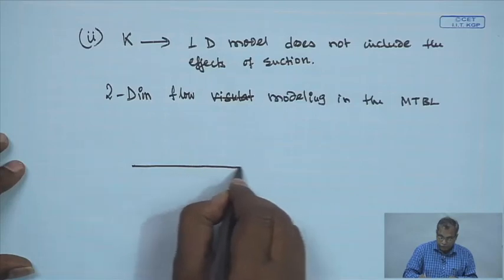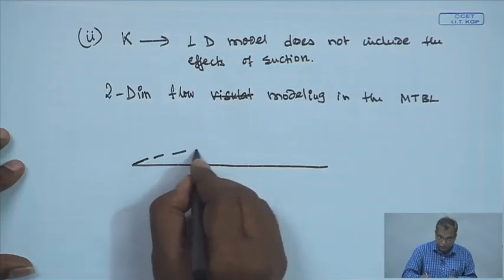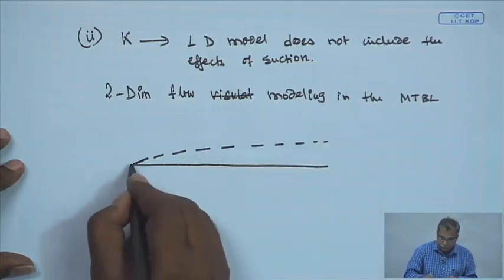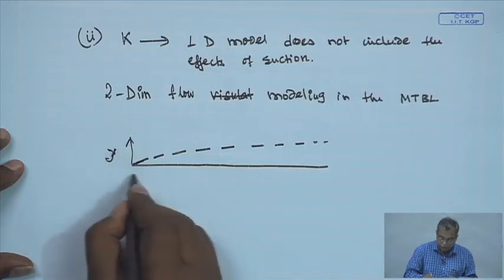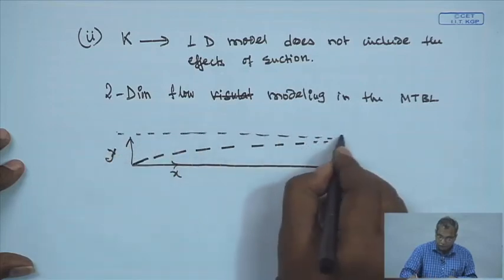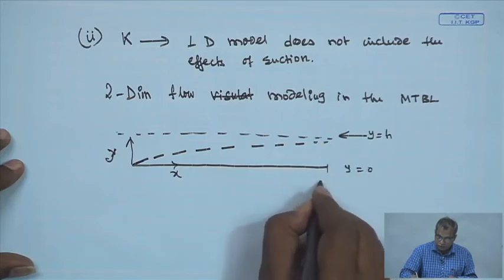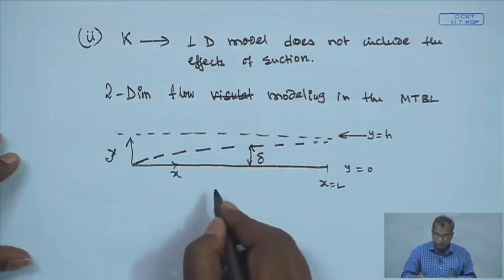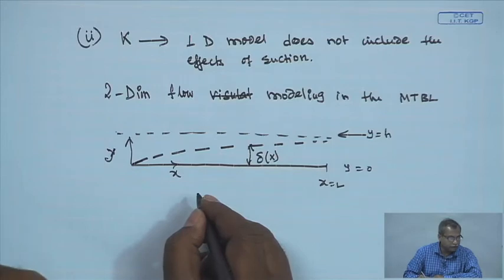So, we assume the boundary layer, which is practically the actual case, is developing over the membrane channel. This is the y direction, this is the x direction. This is the half height of the channel. So, y is equal to h here, y is equal to 0 there, x is equal to L here, and at any point delta is the thickness of the mass transfer boundary layer, and delta will be a growing function of x.